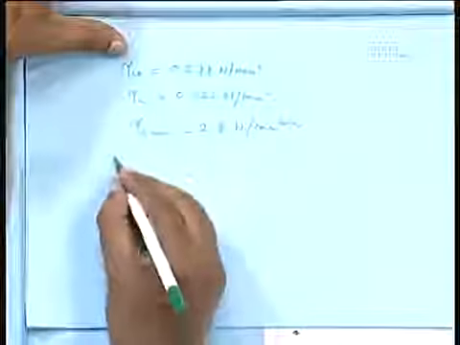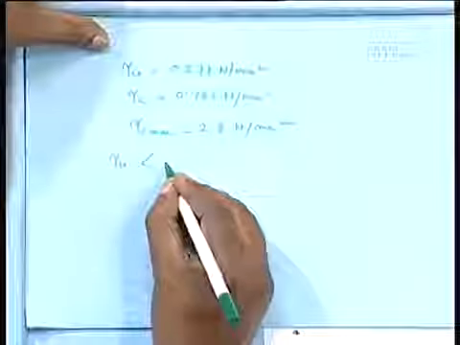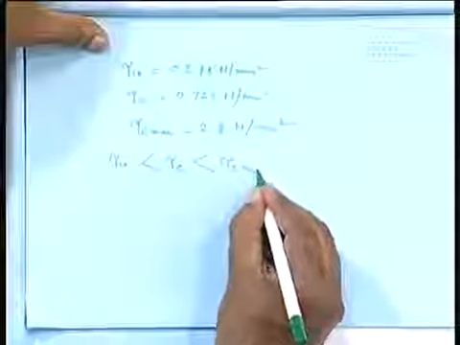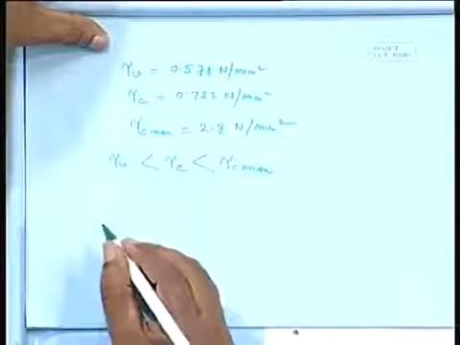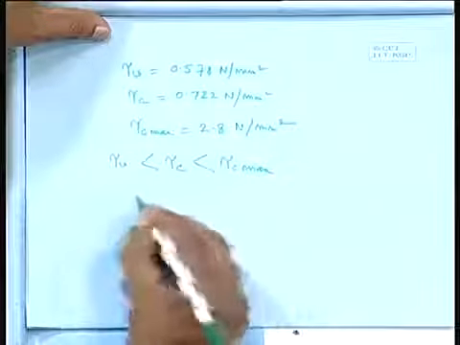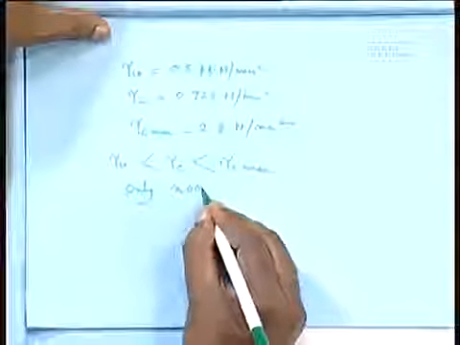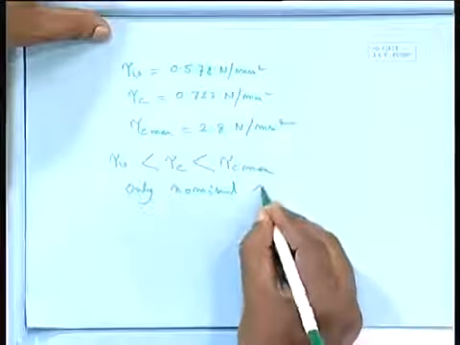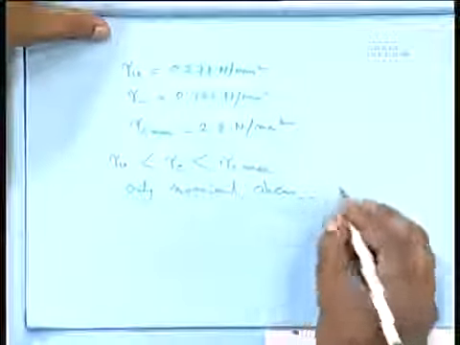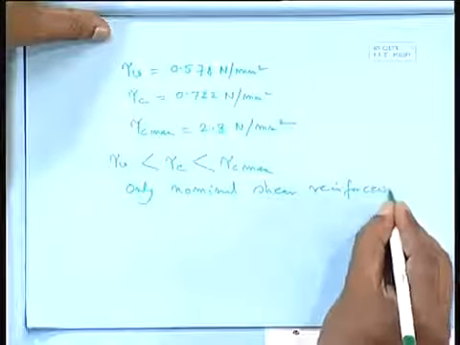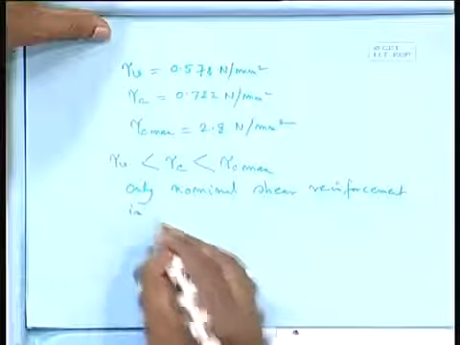So we can write down tau V is less than tau C and less than tau C max. So we can write down only nominal shear reinforcement is required.